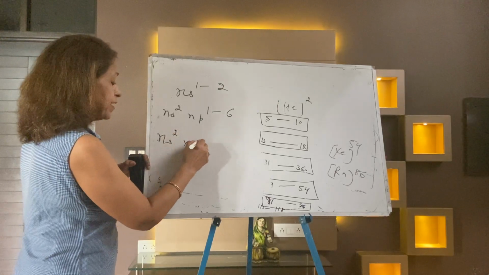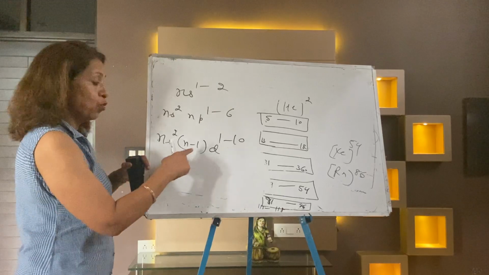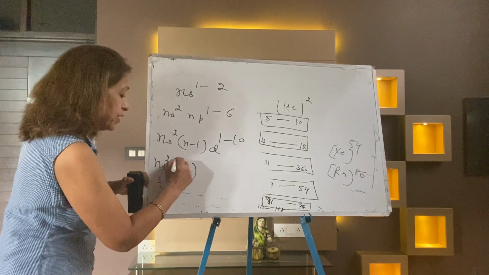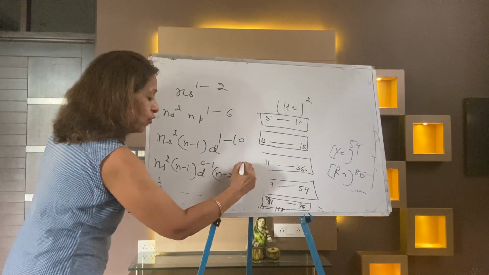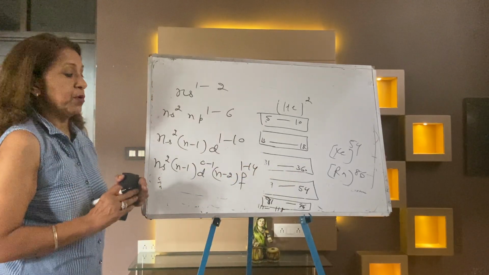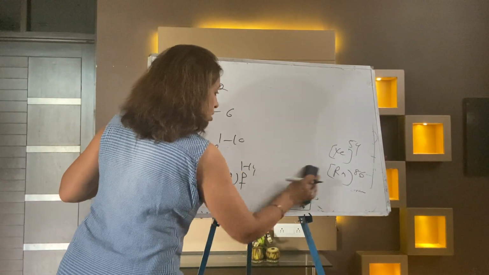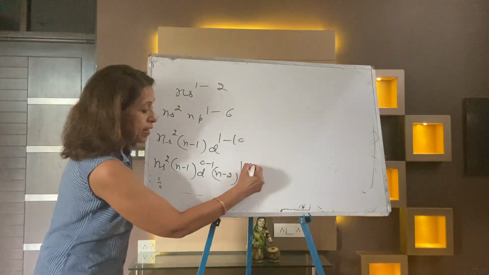NS2, (N-1)D 1 to 10 is D block. NS2, (N-1)D 0 to 1, (N-2)F 1 to 14 is F block. So this is all about the S block, P block, D block, F block general configuration as well.